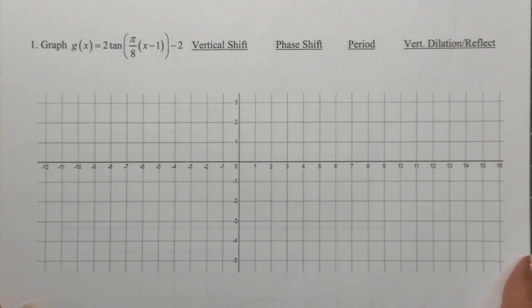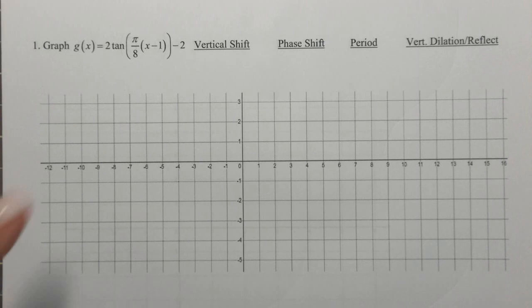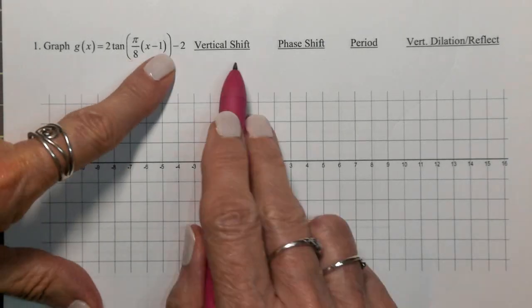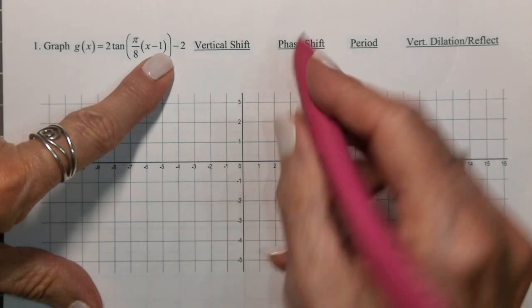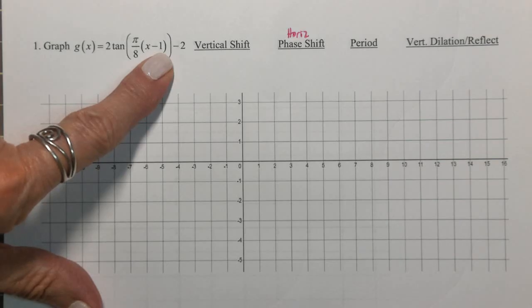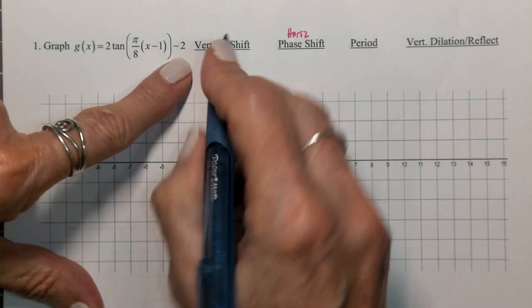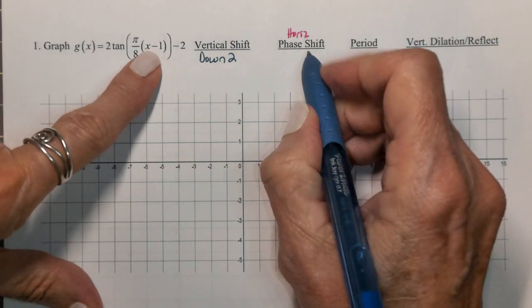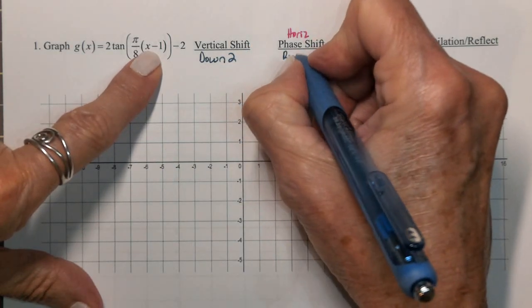Now let's do several things. It's a tangent, but it has a vertical shift and a horizontal shift. Remember, when you see phase shift, just think horizontal. The vertical shift is down 2. The horizontal shift is right 1.